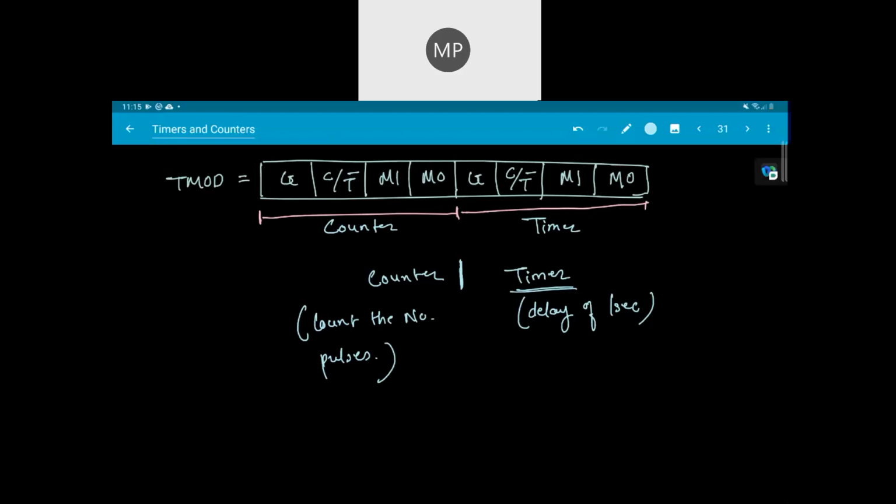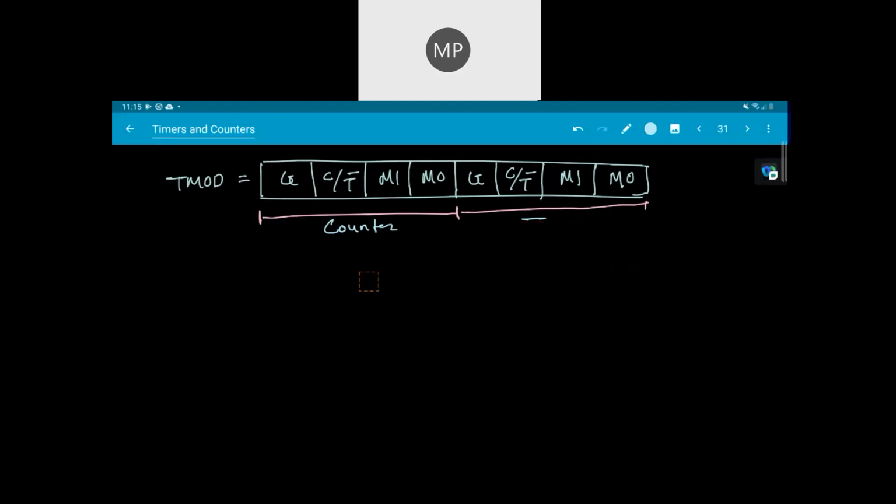Okay, so either we can do it in this way, or we can even switch this and use this as a timer and this as a counter as well. Okay, anything is possible as far as timer and counter configurations are concerned.